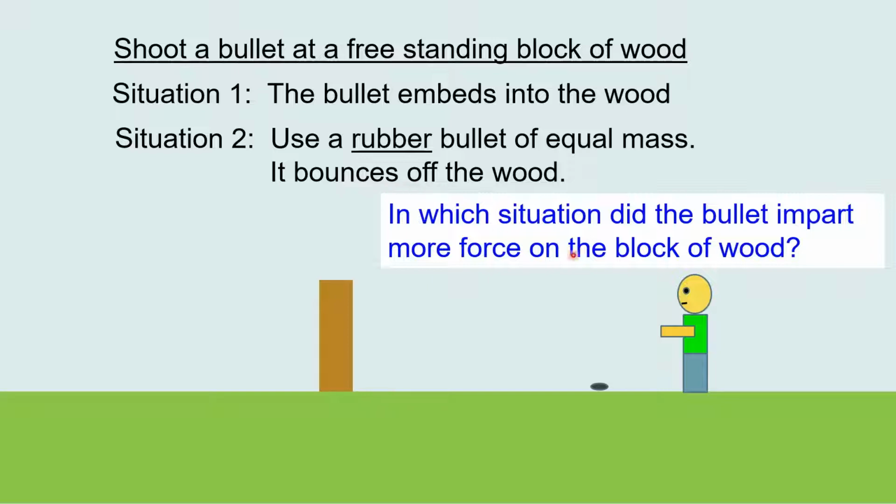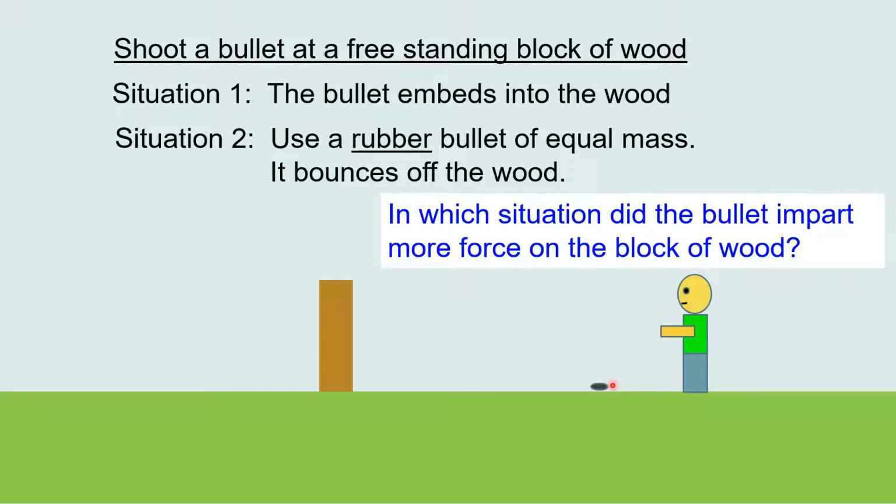This question makes it seem like we're interested in the motion of the block of wood. So if this block of wood is my system, then the bullet is going to be external to that. So it's going to be imparting an external net force, which suggests that I can't use conservation of momentum.